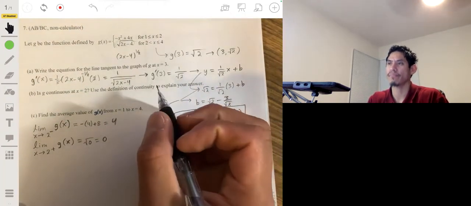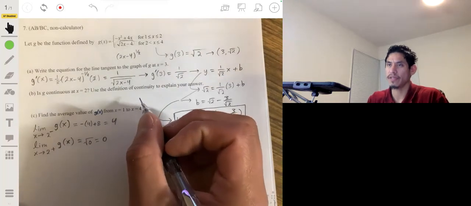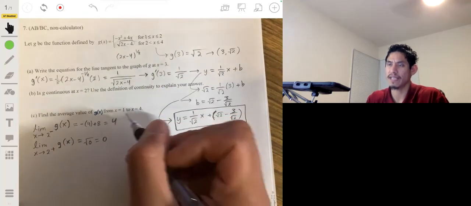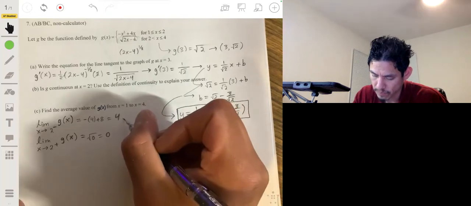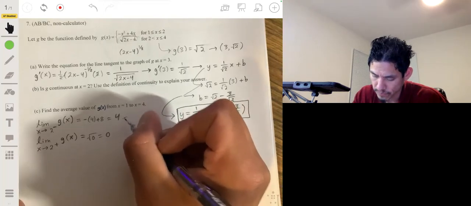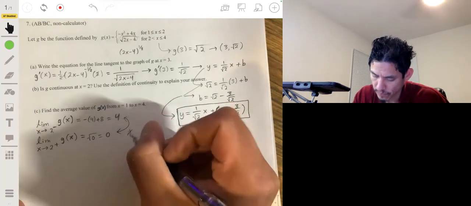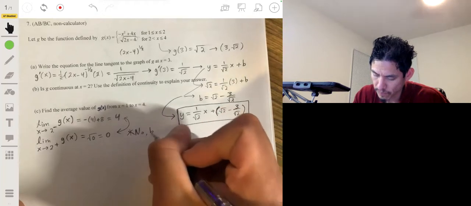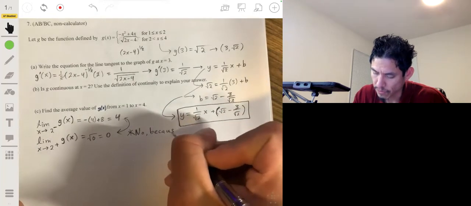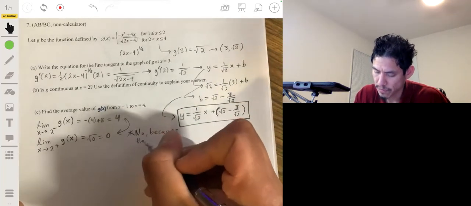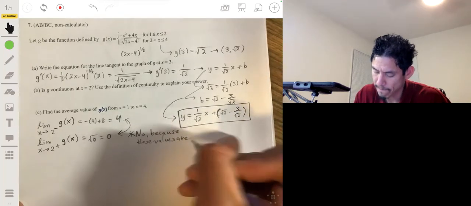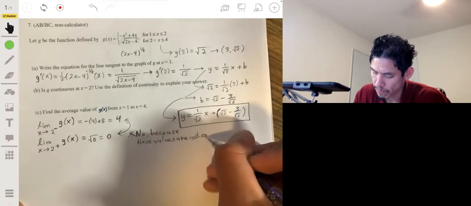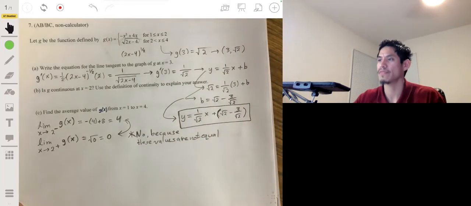And so g of x is not continuous at x equals 2. So no, because these values are not equal.